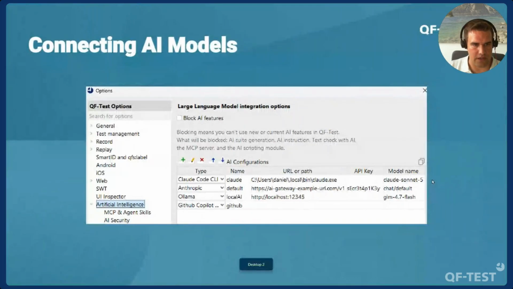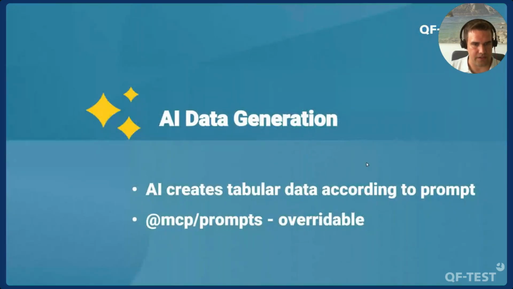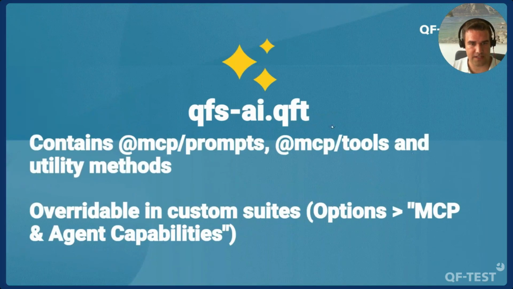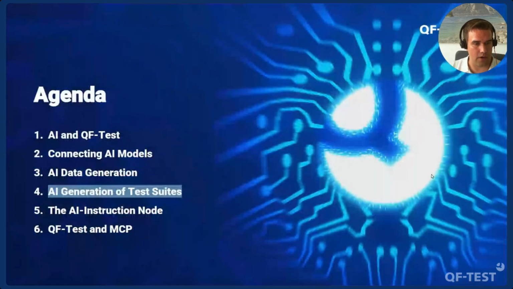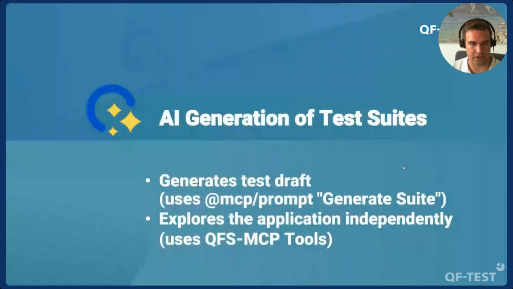You saw how I connected AI models, also command line tools. You saw how I used the AI data generation feature, including the prompt I overwrote. You saw the QFS AI library. And now I'm going to show you the test generation, the automatic test generation with AI.